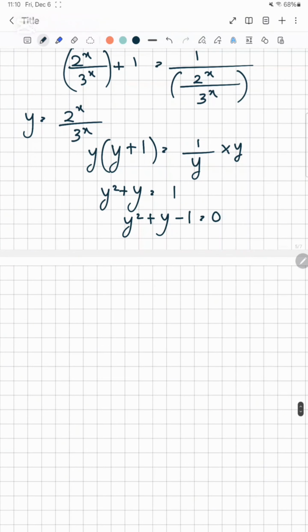To solve this quadratic equation without finding multiples, you can just straight away use this formula: x equals minus b plus or minus square root b squared minus 4ac over 2a. In this case, y squared plus y minus 1, a is 1, b is 1, c is minus 1.